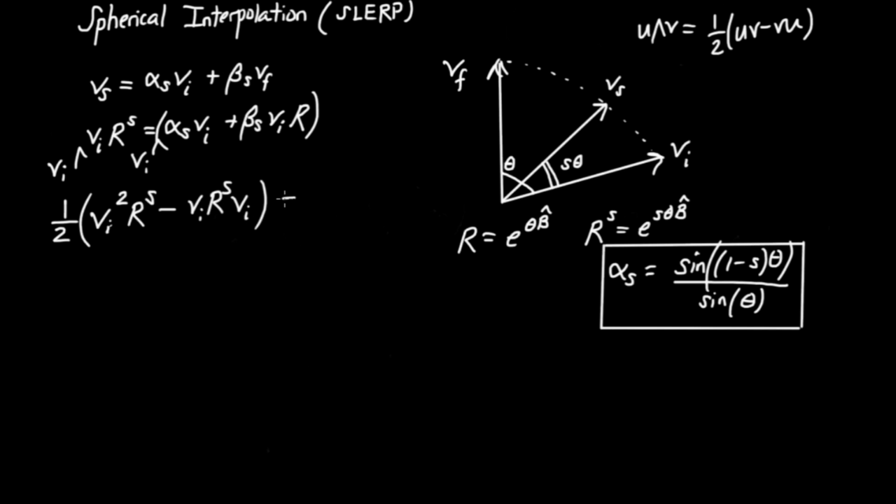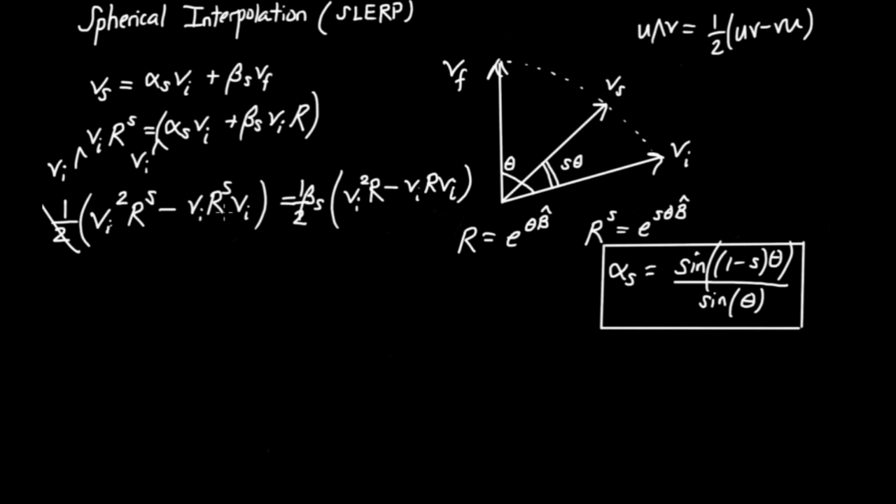And the right-hand side is going to be equal to, just considering v_i wedge the second term there, let me move the coefficient beta sub s out front. What I'll have is 1/2 times that, v_i squared times r minus v_i r v_i.